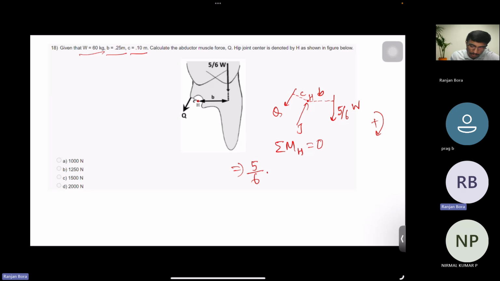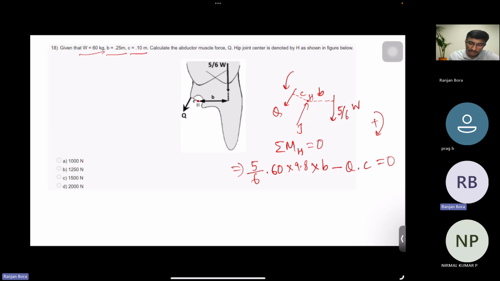5/6 W, W is given 60 kg, but unit is given kg, so we need to convert it into Newton. 60 into 9.8 into B, and because of Q, we are getting moment in anti-clockwise direction. In this, it will be negative, minus Q times C equal to 0.